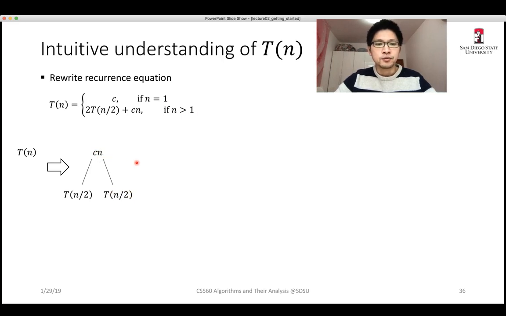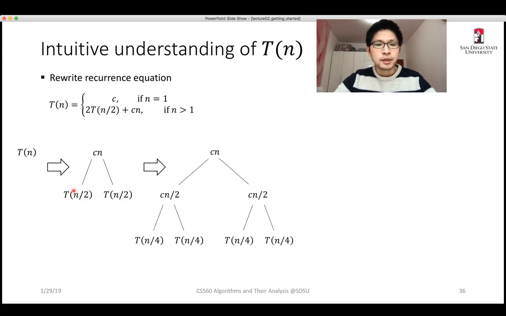Okay, and what we can do is to further split these child nodes. We can split the left child T of n over 2 into c times n divided by 2 plus one T of n over 4 plus another T of n over 4.